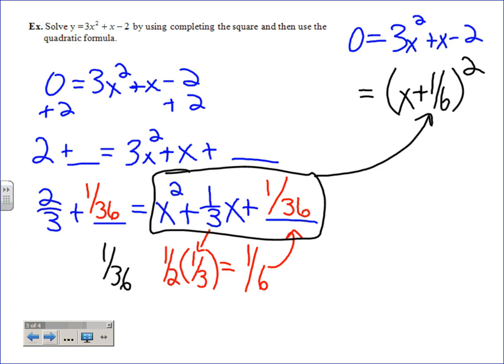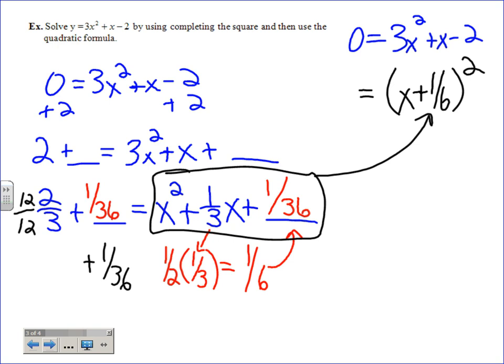Well, this is 1/36. What should I probably do on this left side? Got to figure out what it is. So get a common denominator. So what do I have to multiply by? Yeah, 12, right?